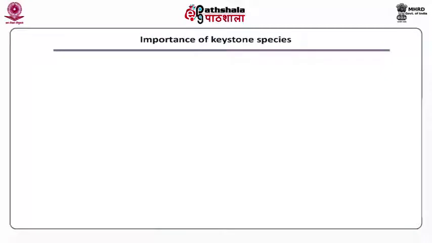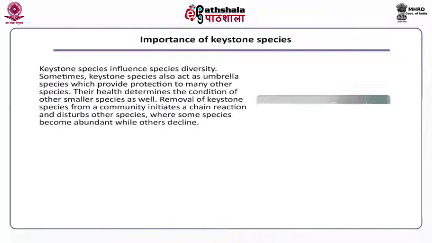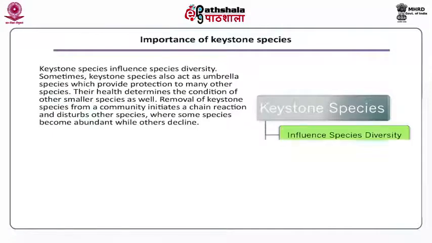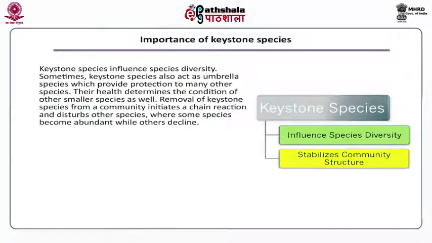Now, the question arises: what is the importance of keystone species? Keystone species influence species diversity. Sometimes keystone species also act as umbrella species which provide protection to many other species. Their health determines the condition of other smaller species.